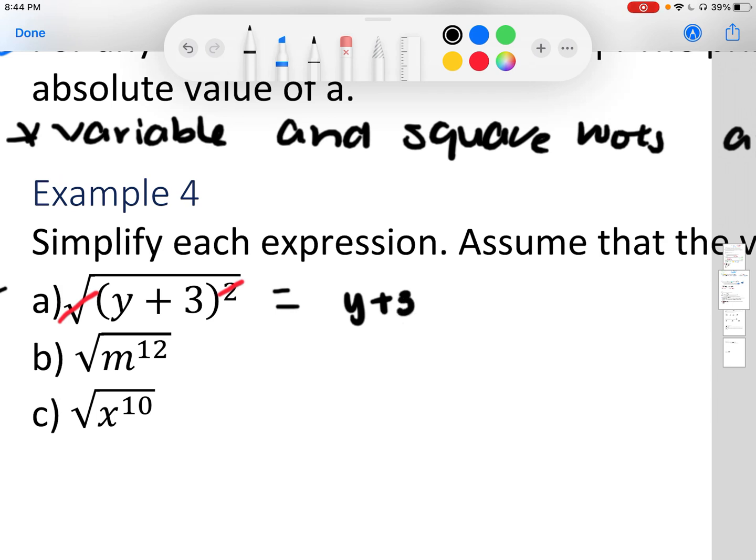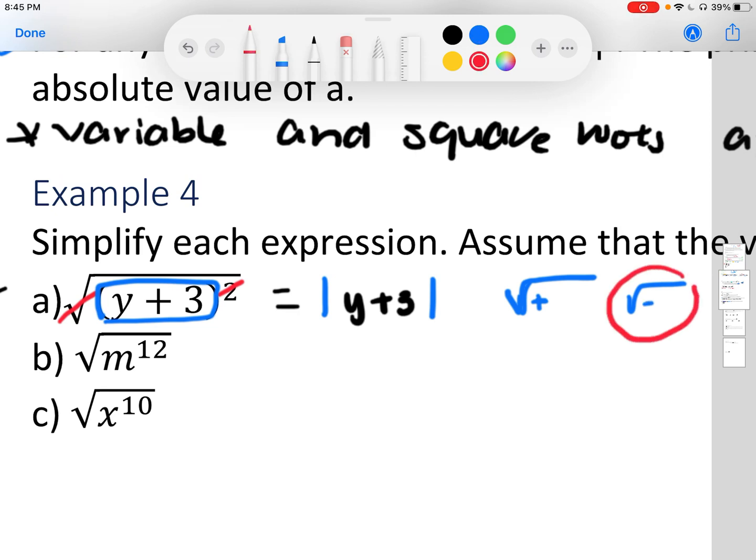But because we're not sure what y can be, we can always add an absolute value to ensure that we result with whatever this is, it's going to be positive. So that when I figure out what y is and I take the square root, it's going to be a positive option. Again, we do not want a situation where I'm left with a negative on the inside. So to ensure this, that's where these absolute values come in handy. Because if it so happens to be negative, the absolute value will resolve that issue.